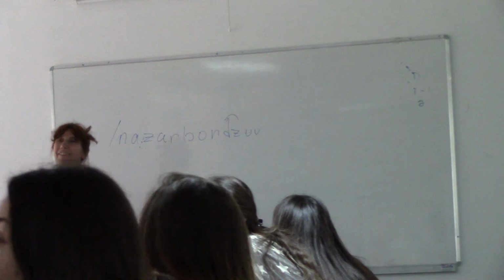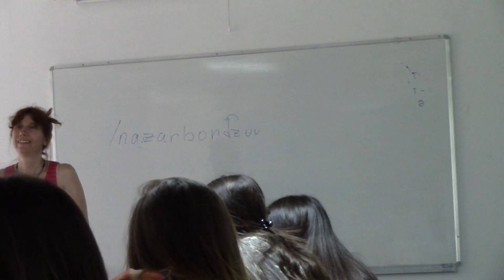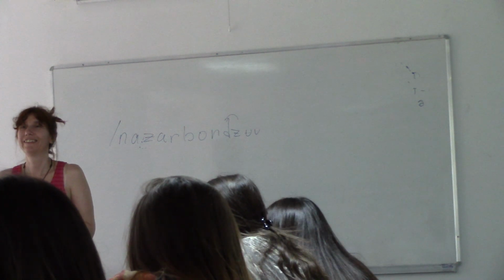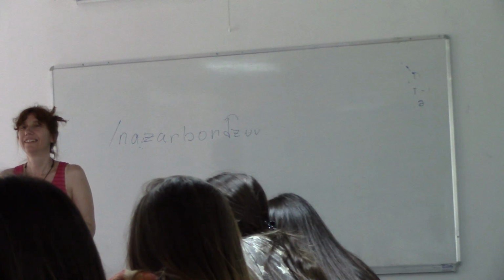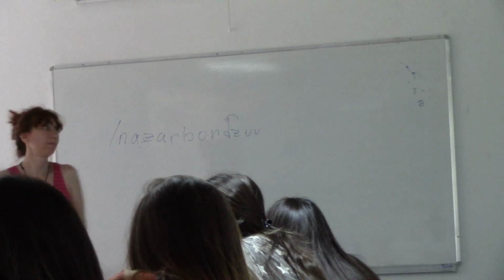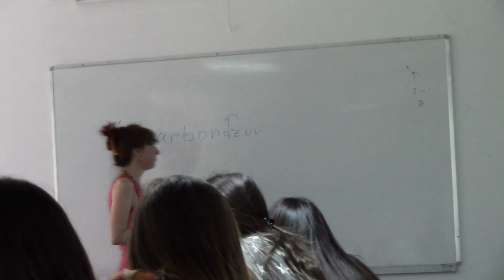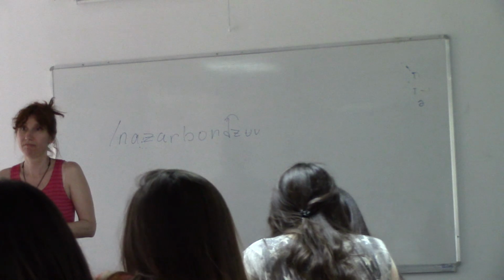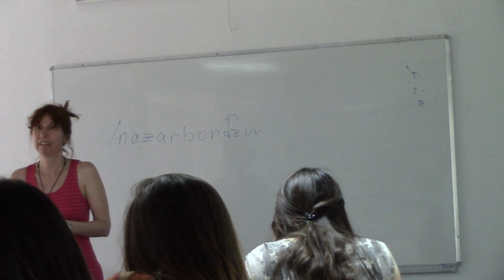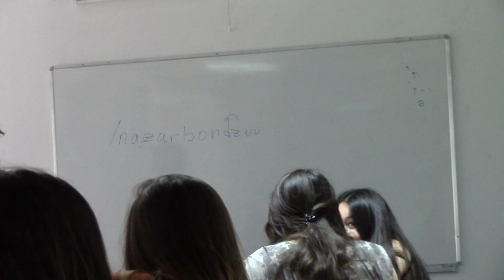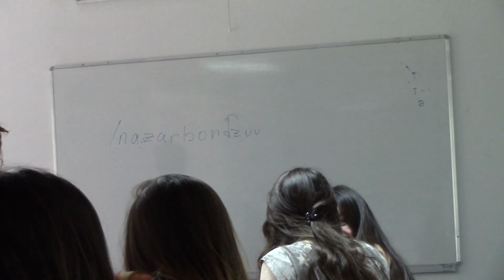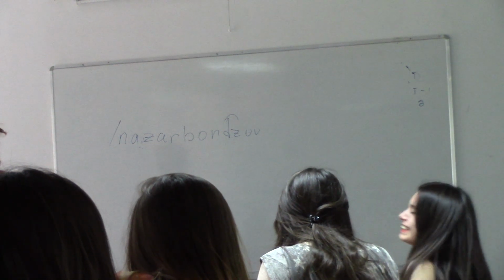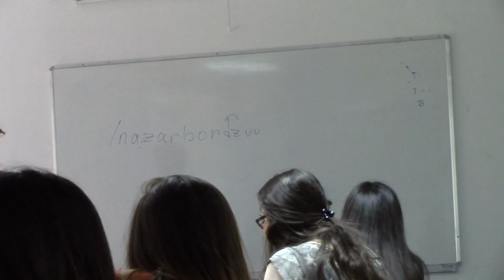The ra drops, and then two U's get together. It's kind of a merger. You get a lengthened vowel. When we say it, it sounds like a diphthong, but it's not, because the ra is not pronounced properly. It drops and the U's merge together.